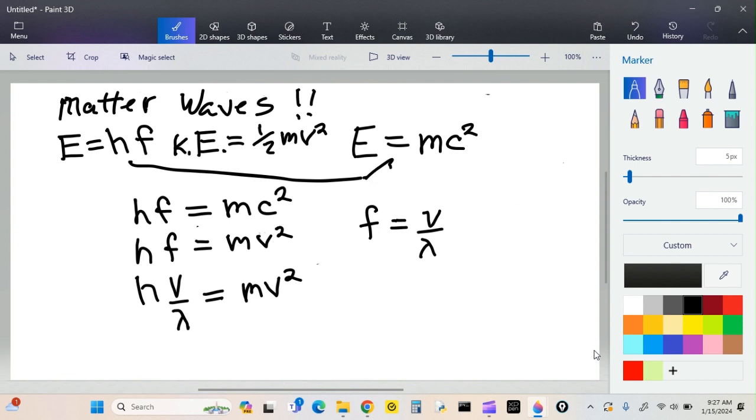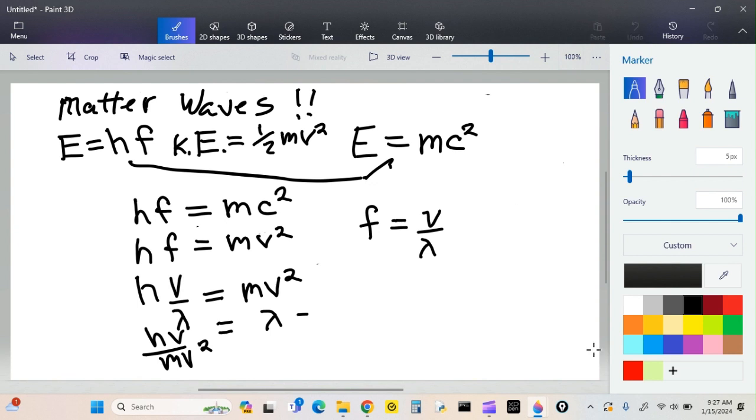What I'm going to do is multiply both sides times wavelength so that I've got wavelength in the numerator over here. And then I'm going to divide both sides by mv squared, which will give me hv over mv squared.